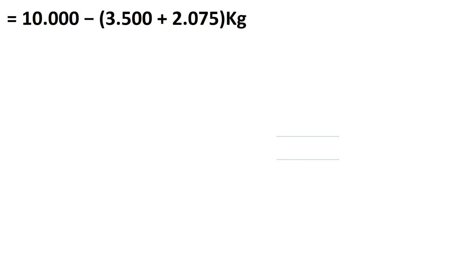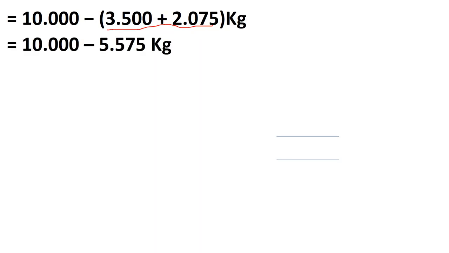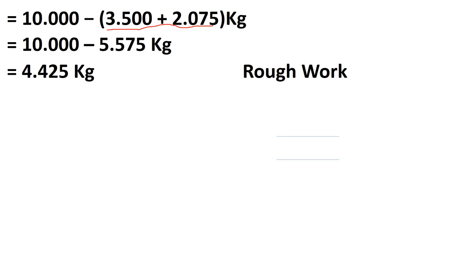So first of all we will add these two, because according to BODMAS we have to solve the bracket first. So it is 10.000 minus 5.575 kilogram. When you subtract, your answer is 4.425 kilogram. Now see the rough work, how I have done the subtraction. This is the total weight. This is the weight of onion plus tomatoes. And this is the weight of potatoes. Clear?